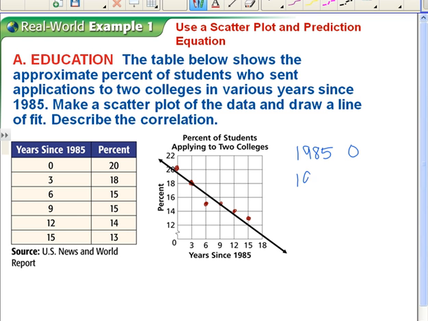So 1995 would be 10. 2000 would be 15. So 2010 would be 25. So we have to predict this out to 25 and figure out where we think this is going to be.